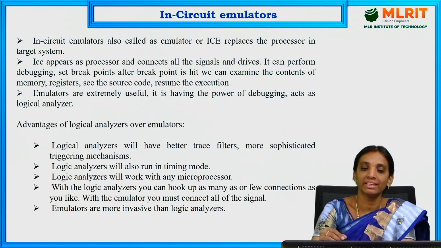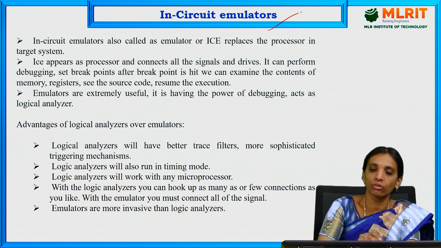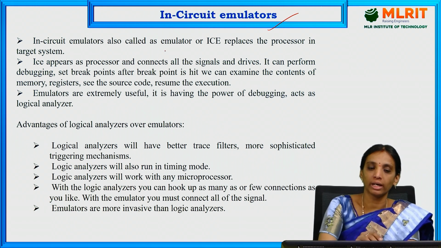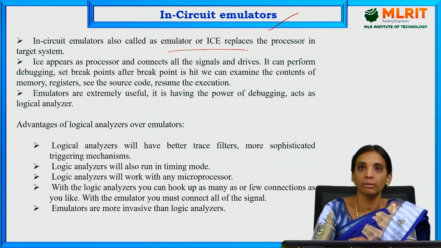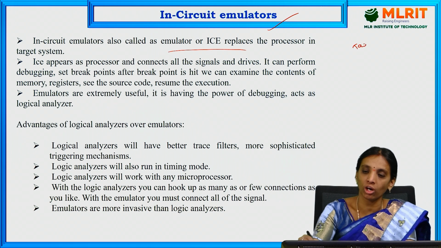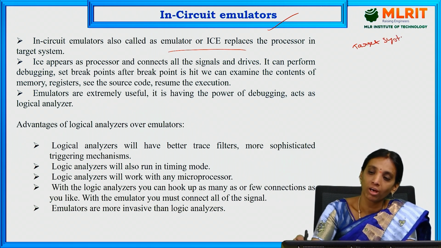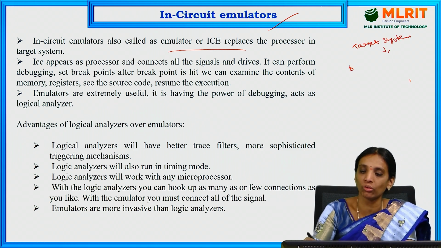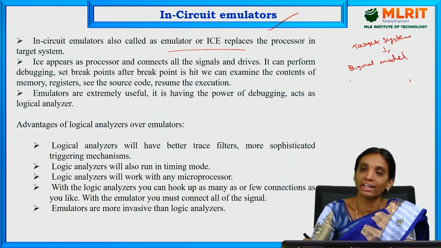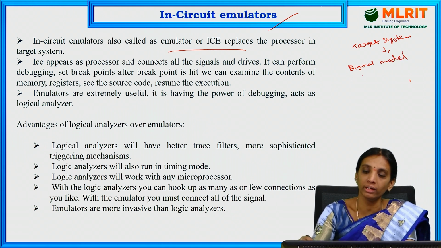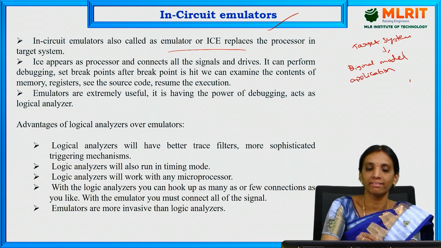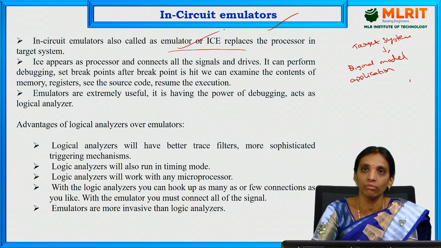The next topic is in-circuit emulators. In-circuit emulators are emulators used in place of the target system. The target system is the hardware system, the original or prototype model for the application. These emulators are a software model for the target system and appear as a processor.